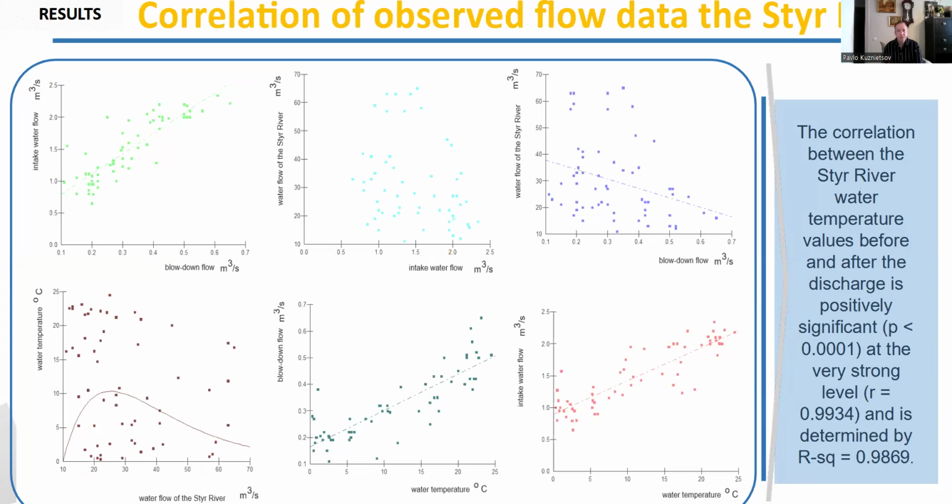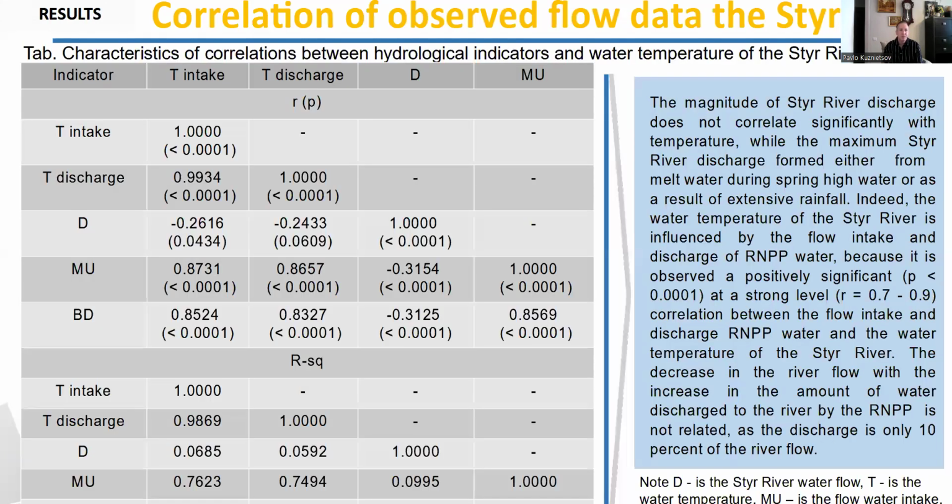The decrease in the river flow with the increase in the amount of water discharged to the river by the Rivne NPP is not related, as the discharge is only 10% of the river flow. The higher water discharge is due to the technological mode of operation of the open recirculating system and is observed during the warm season, when the river flow is minimal.